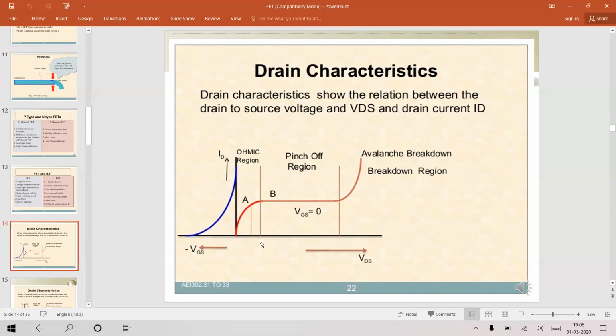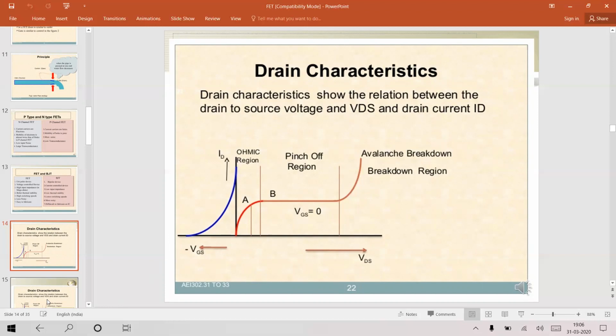This is the pinch-off point from which current remains constant. But there is a limit for VDS also. If you increase beyond the limit, there are chances that the junction may break down, which we call avalanche breakdown, or the breakdown region, as shown here.